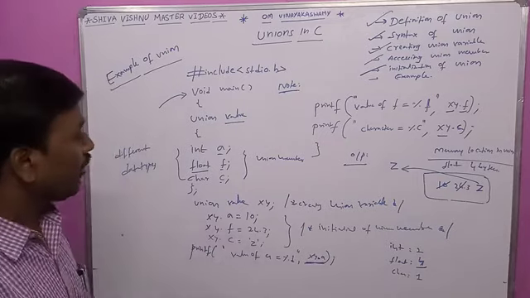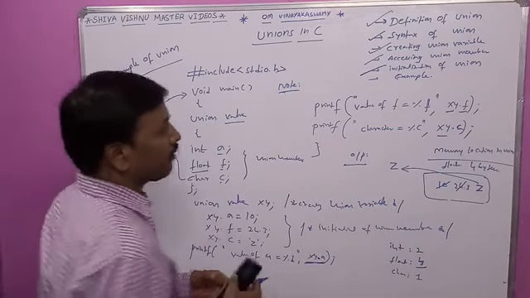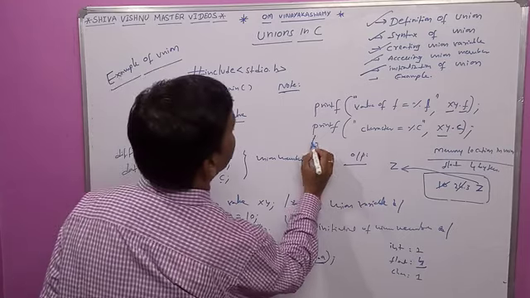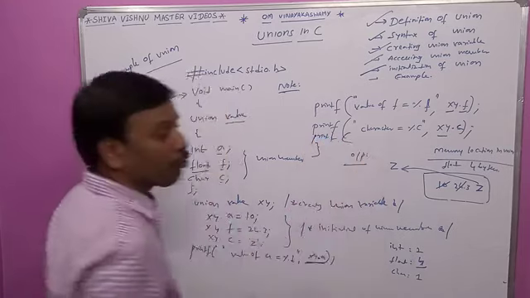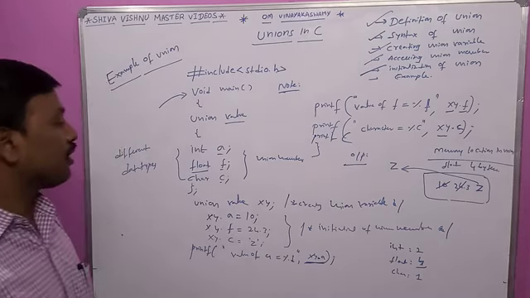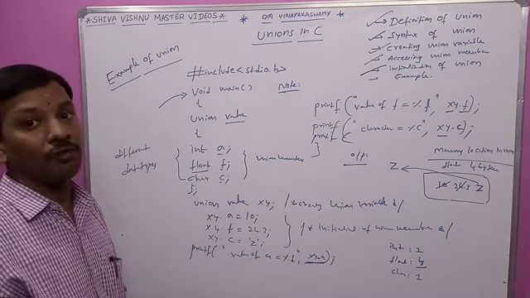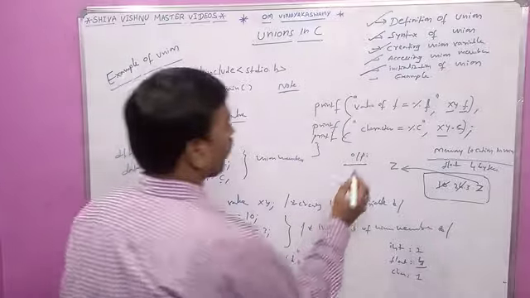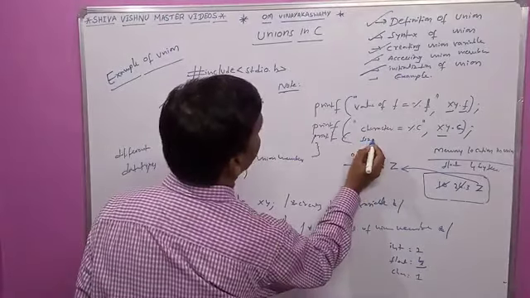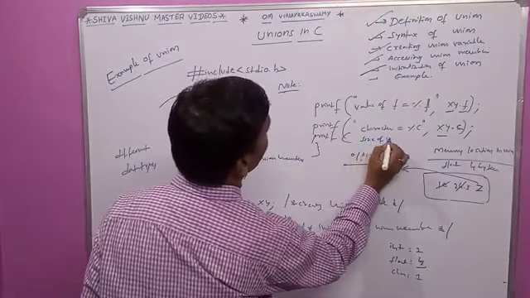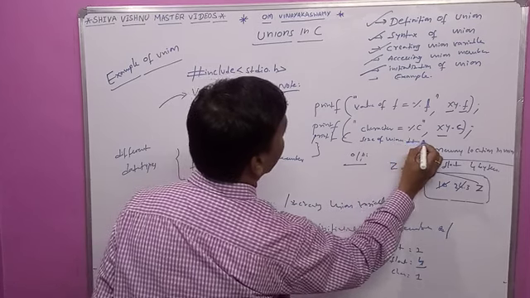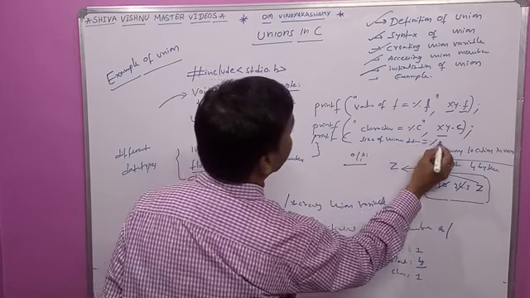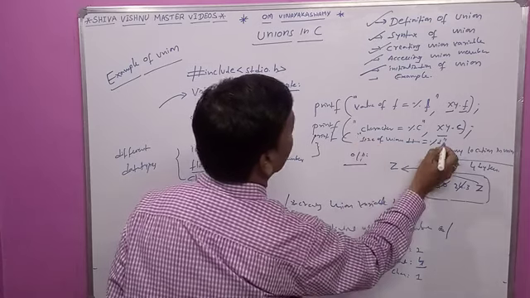Here I will write another printf statement. I want the size of the union. I want the size of a union. You write here "size of union data type equal percentage d" within quotes, comma.